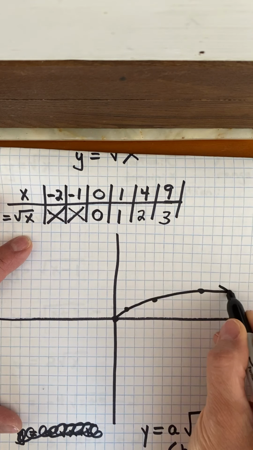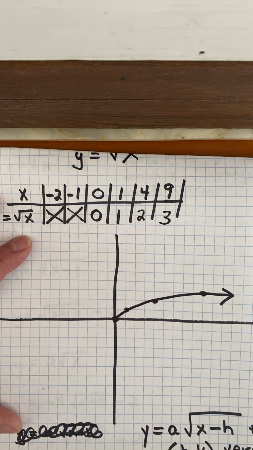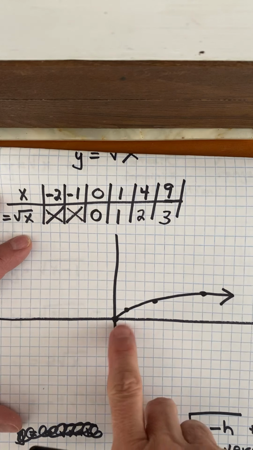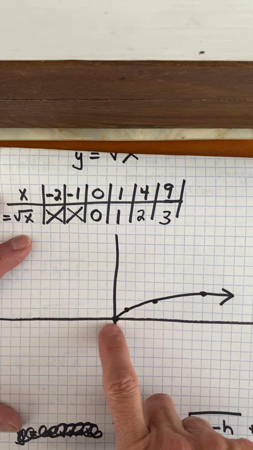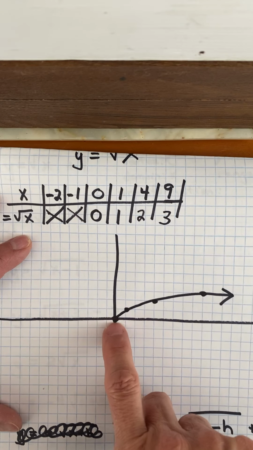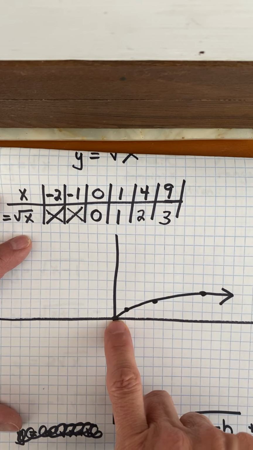And that's what my square root function looks like. Okay, so it's interesting to note here that there is a vertex, a point at which it starts right here and it doesn't go continuously in both directions. So this vertex happens to be (0, 0).